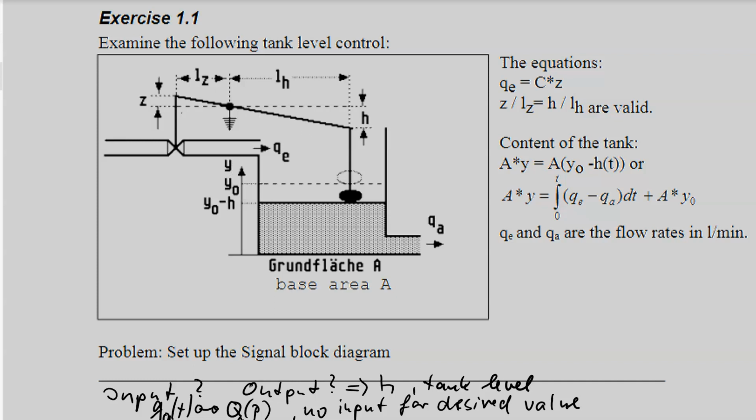The old Egypt used exactly this structure to control the level of a tank, which they used for a water clock. They used this tank with a very small outlet with drops of water coming out to have a time base.